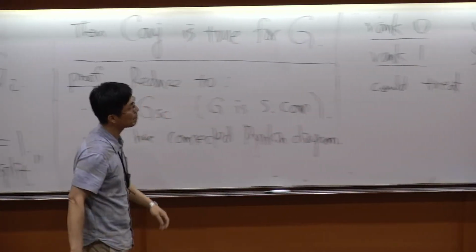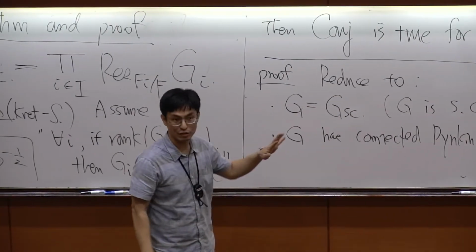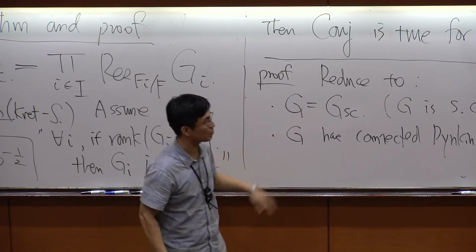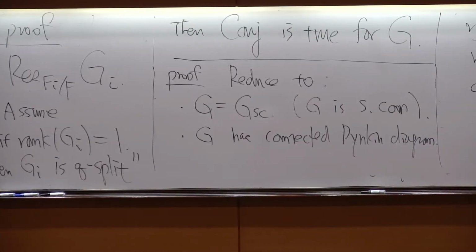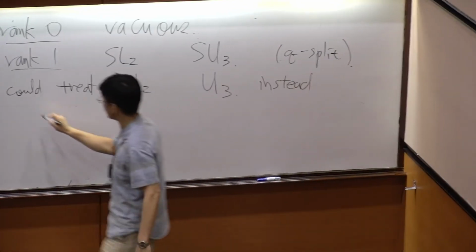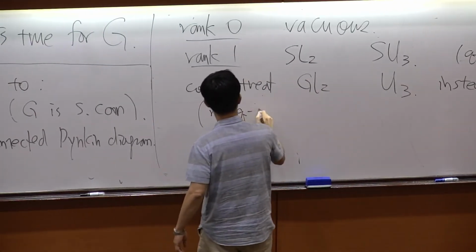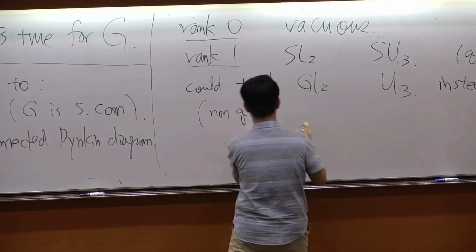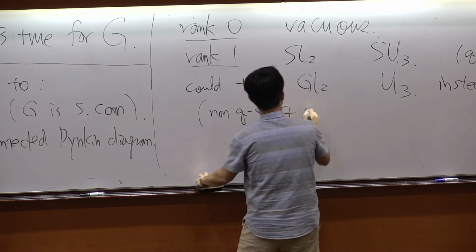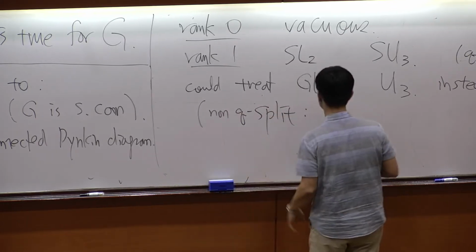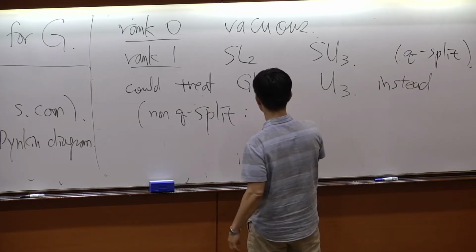Then there are non-quasi-split ones, with some finite but somewhat long list.